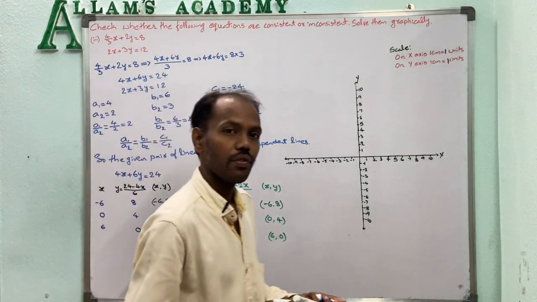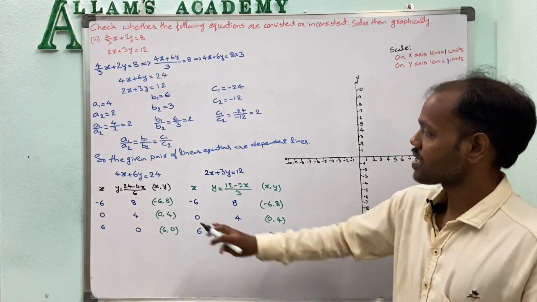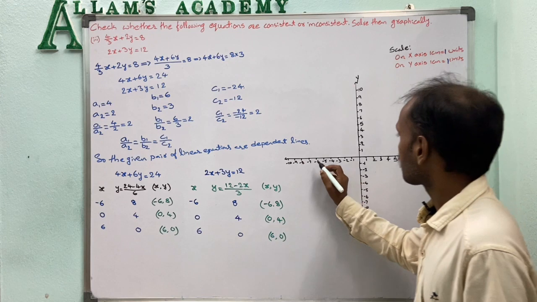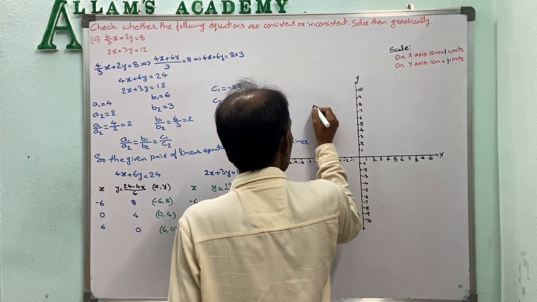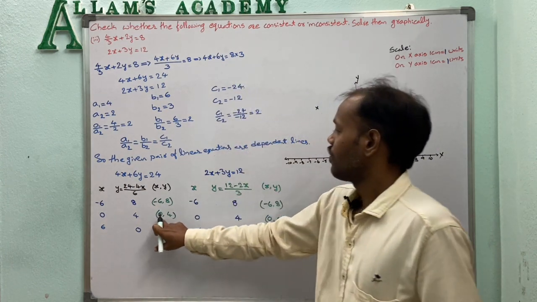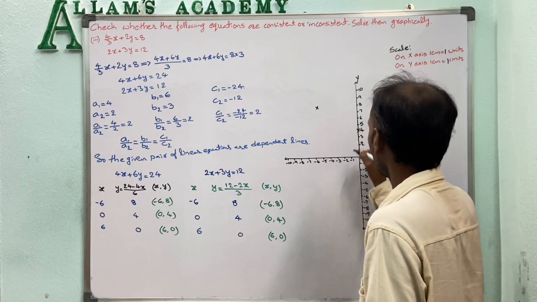Now we locate these points on the graph. For the first equation, for minus 6 on the x coordinate, the y coordinate is plus 8. Next, for 0 the corresponding y coordinate is 4.